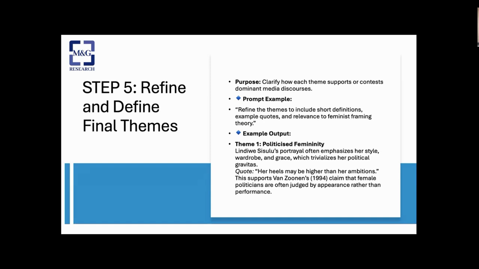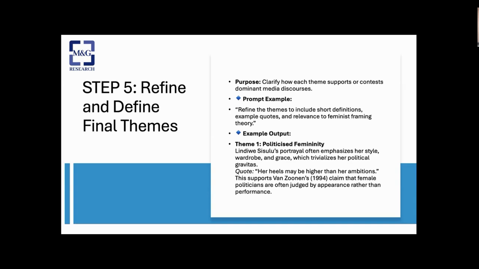The prompt would be: refine the themes to include short descriptions, example quotes, and relevance to feminist framing theory. And this will be your output. It will read: Lindiwe Sisulu's portrayal often emphasizes hairstyle, wardrobe, and grace, which trivializes her political gravitas.